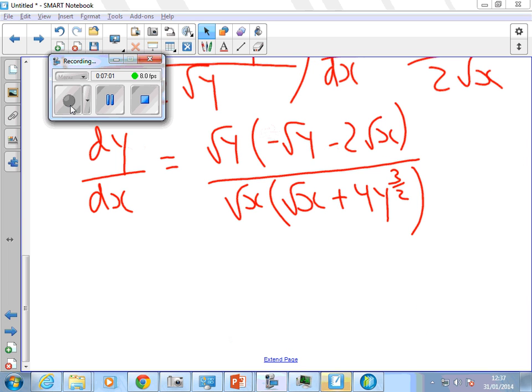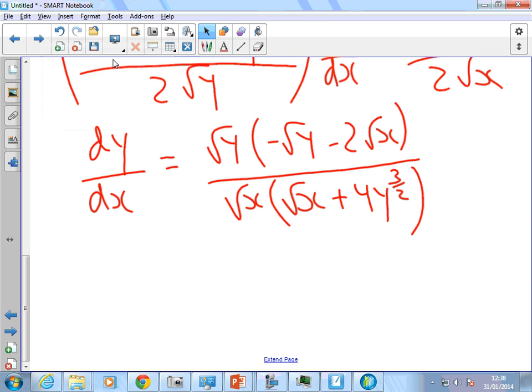Now, depending on the situation, you wouldn't need to simplify it as long as you've got dy by dx. But just for the sake of it, let us now simplify this even further to make it look nicer.